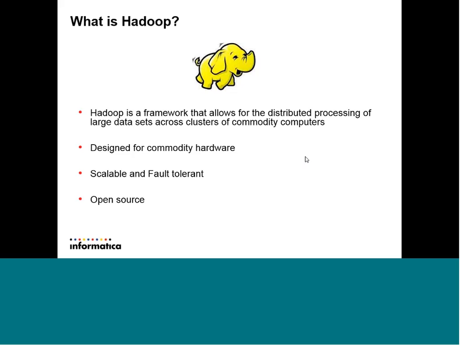So it's designed to be on commodity servers, and it's designed to run on a large number of machines that don't share any memory or disks. So the storage system is not physically separated from the processing system. And Hadoop is an open source project of the Apache Foundation. Hadoop uses Google's MapReduce and file system technologies as its foundation.